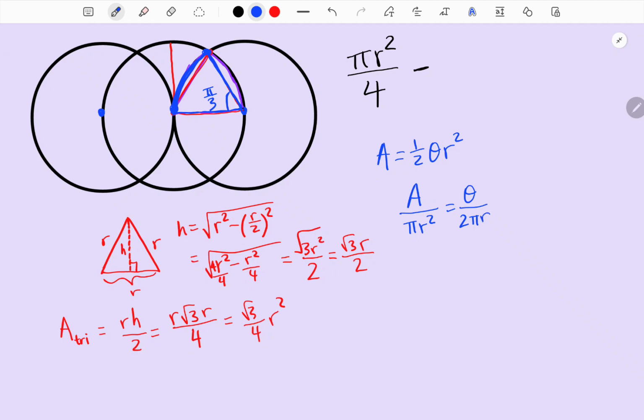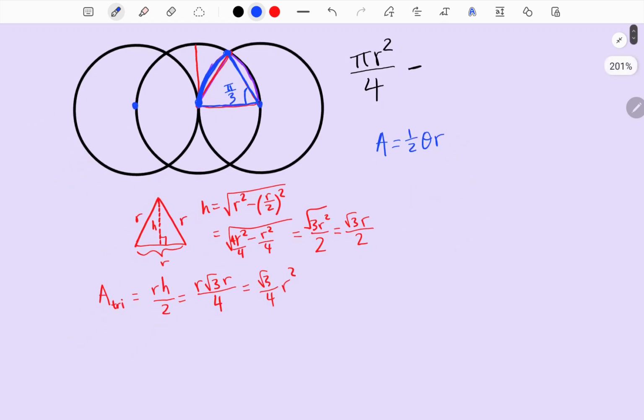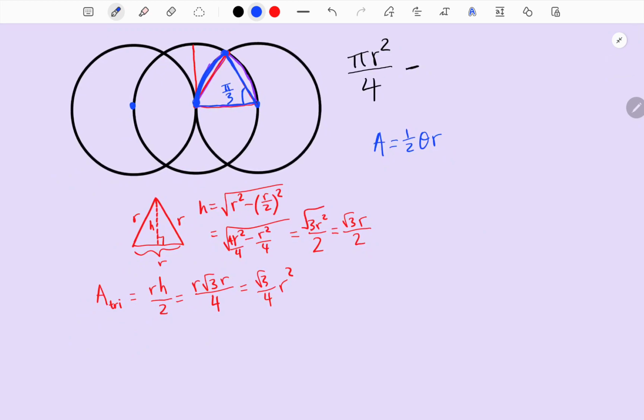Okay, so here the pi's will cancel out, and if I move r squared over, one of the r's will cancel out, so it's just 1/2 theta times r. Good, so it's good to derive these things so you don't make mistakes.